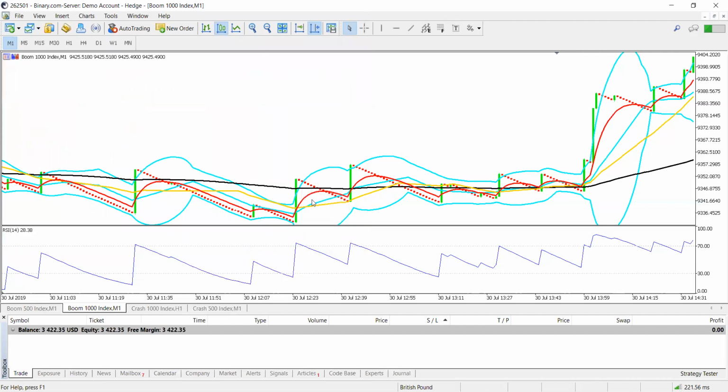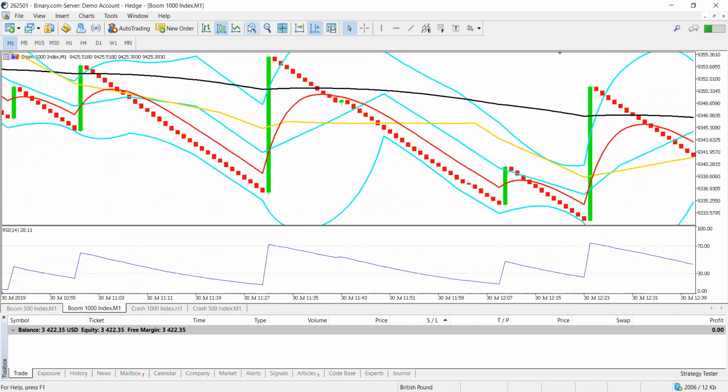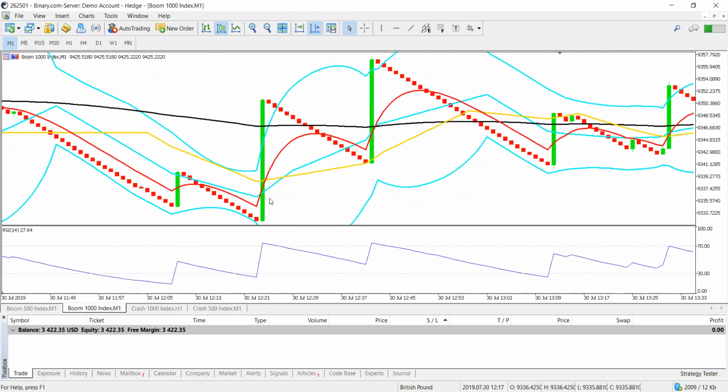Now let's quickly look at how we use the moving averages that I added, because I didn't just add any, I added the ones that are important. This is in a consolidation trend, and what is engaging mostly on the consolidation is the Bollinger Bands.